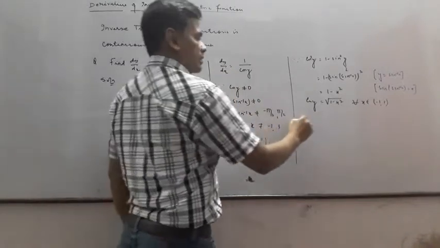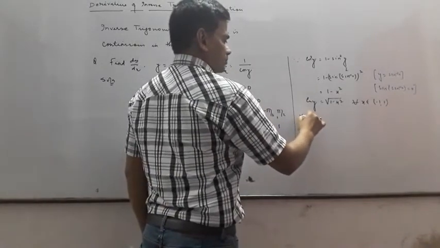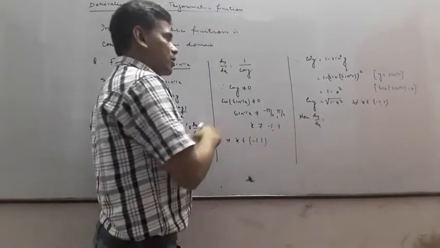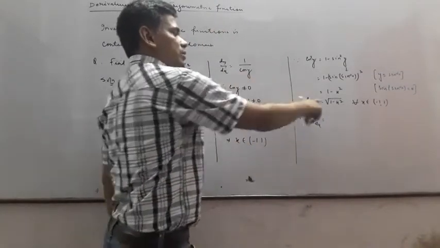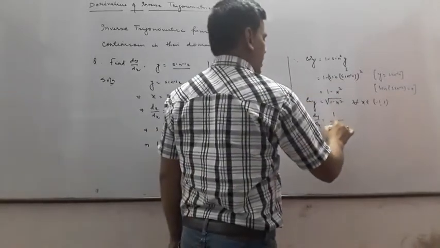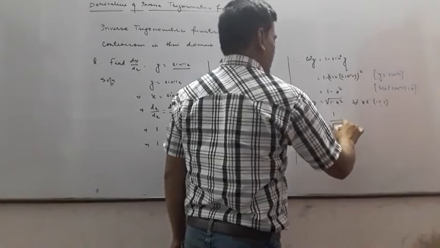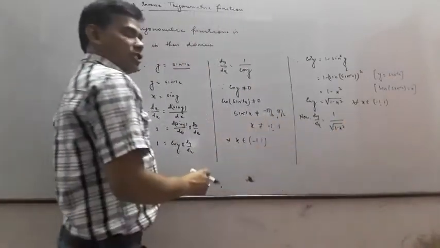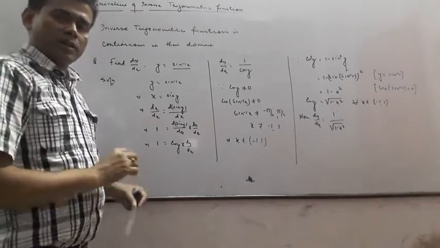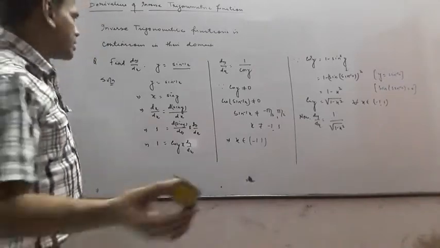So dy by dx equals 1 by under root 1 minus x square. This is the differentiation of sine inverse x. I suppose you understood. Next question.